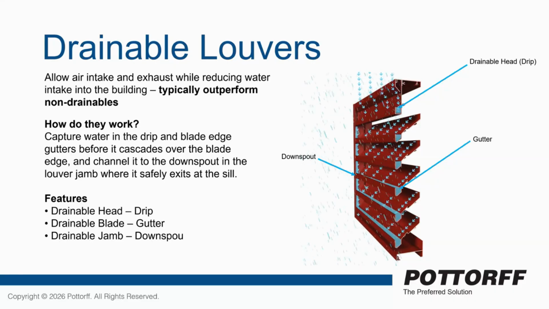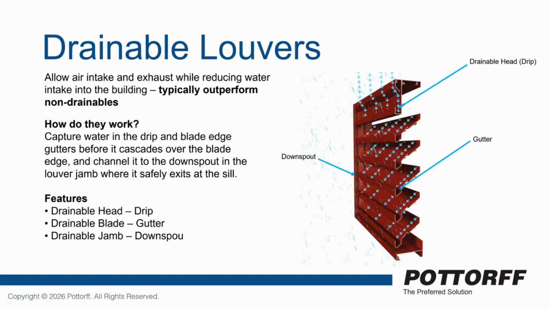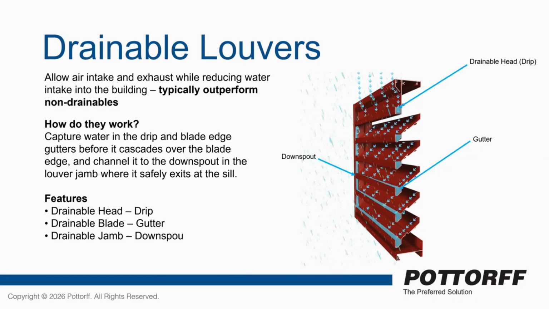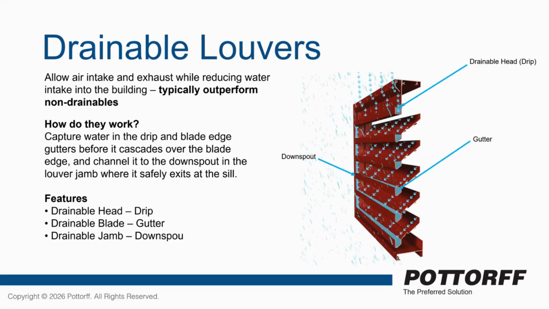Likewise, as any water might splash down onto the blades or be brought in from falling down through the air, if some of it does channel down, the gutter can channel it back to the jambs as well.